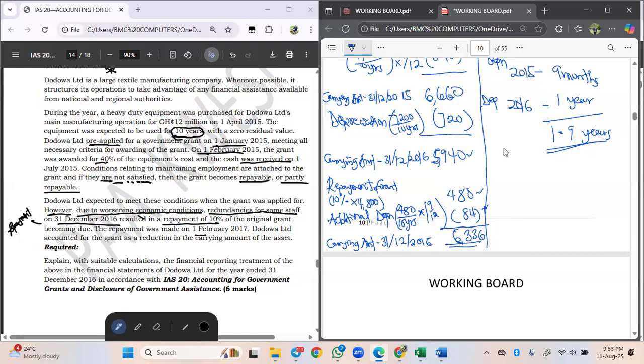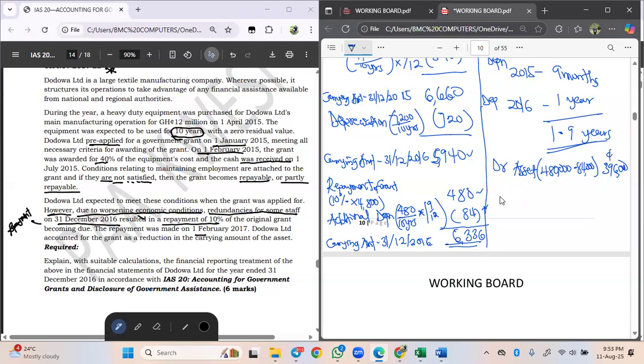So the double entries that we have: the assets. The repayment is 480, so you debit your assets 480, minus 84, you get 396.